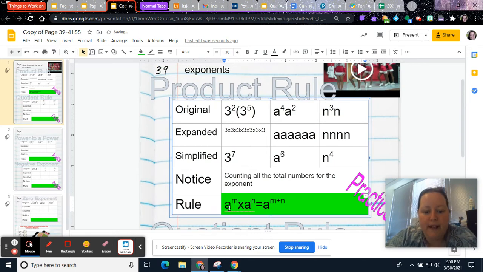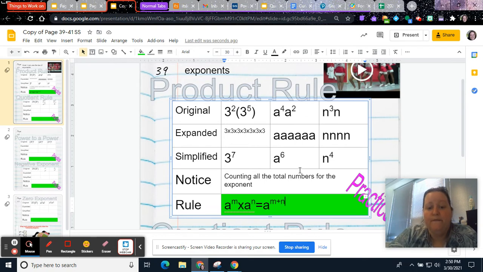So when you're multiplying and they have the same base, the same 3's, the same a's, the same n's, then all you have to do is add the exponents. If you look here, 2 plus 5 was 7, 4 plus 2 was 6, 3 plus 1 was 4, and so you're just adding the exponents.